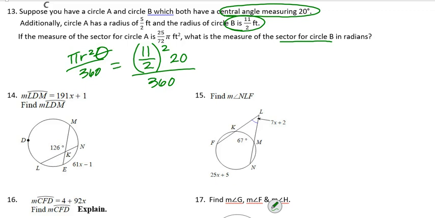So when we do the 11 over 2 squared, we get 1.68 pi. And if it was in a fraction, we can do it in our calculator, or we can just do 121 divided by 72 and see that we get 1.68 pi. And again, that's going to be feet squared.